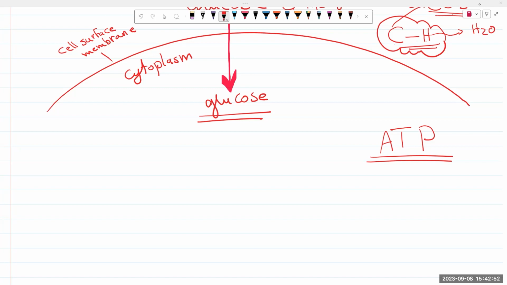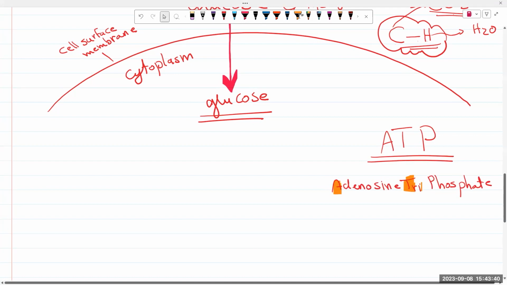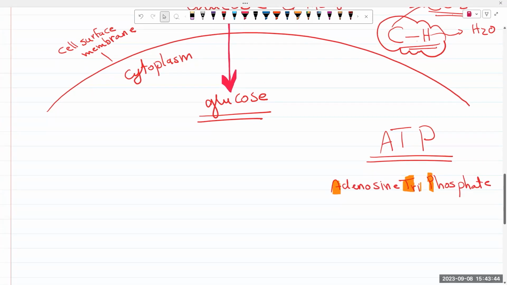I will tell you what ATP is. ATP stands for adenosine triphosphate. This ATP is the energy currency inside living cells.